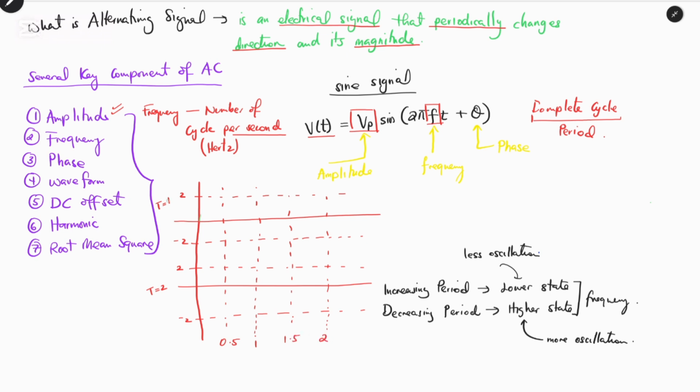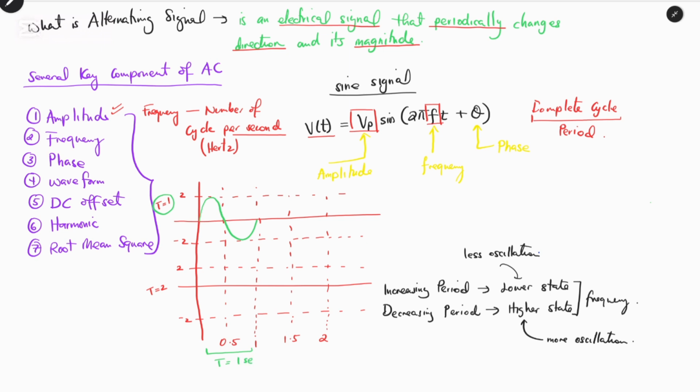When the period is equivalent to 1, we now have a signal that is like this, where it takes only 1 second to complete the full cycle.